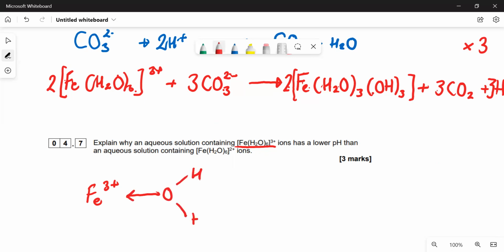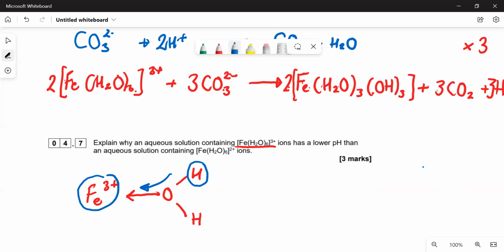Now, why can these protons be lost? It's because this positive charge is polarizing the water molecule and making it easier to lose a proton, making the bond weaker, if you like, between the O and the H.